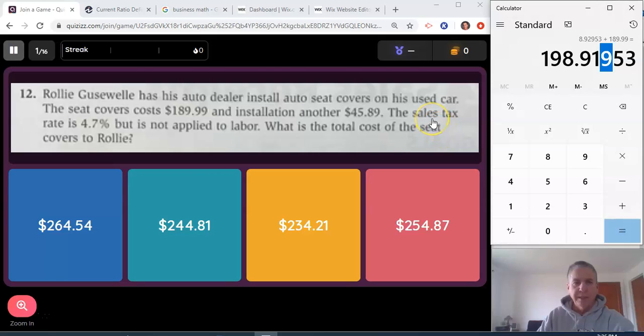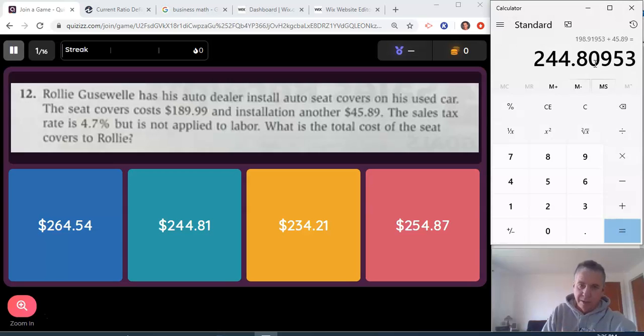So we've calculated the sales tax, and the next thing we have to do is add the cost of labor. So why don't we go ahead and click plus again, and then key in $45.89. So now we have $244.80, and here's a 9. We can round this from the thousandths place to the hundredths place, so we can make this 81 cents.